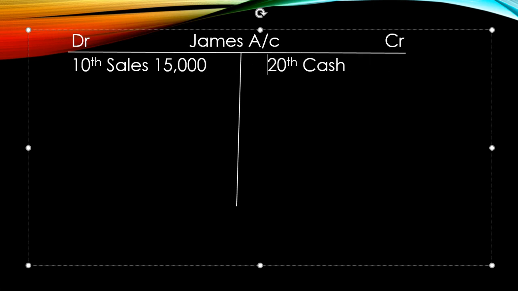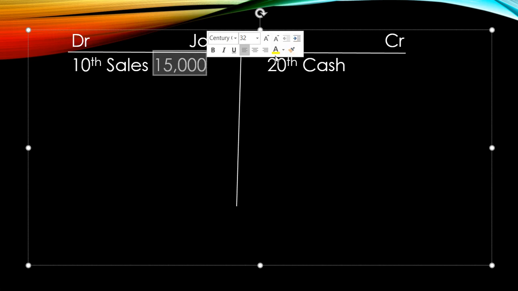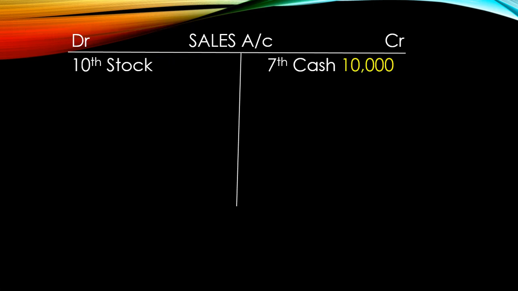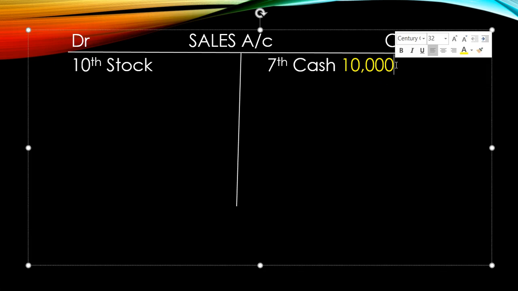That is worked out. So James must be debited. Why are we debiting James? Because you have sold to him on credit, and if you sell to him on credit, then it means he is our debtor, our current asset. So now here, the sales account must also be credited by James.